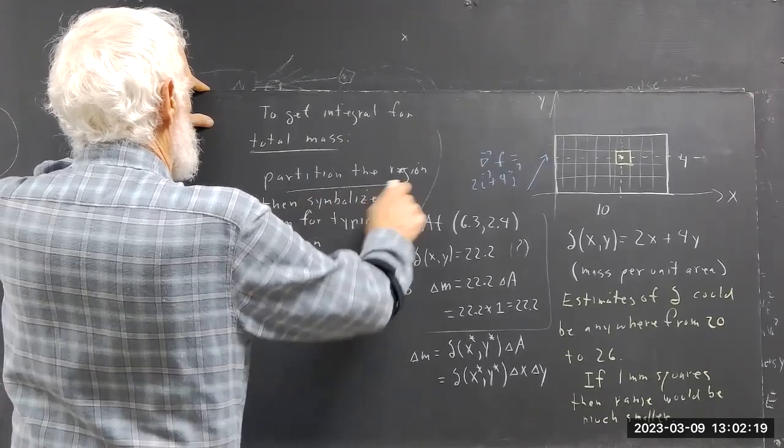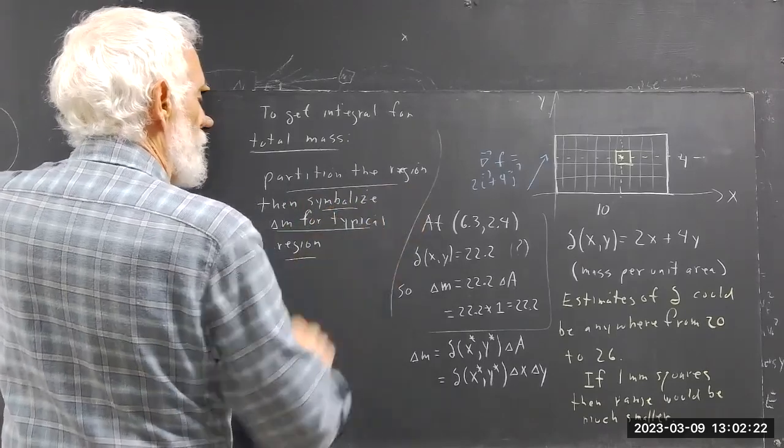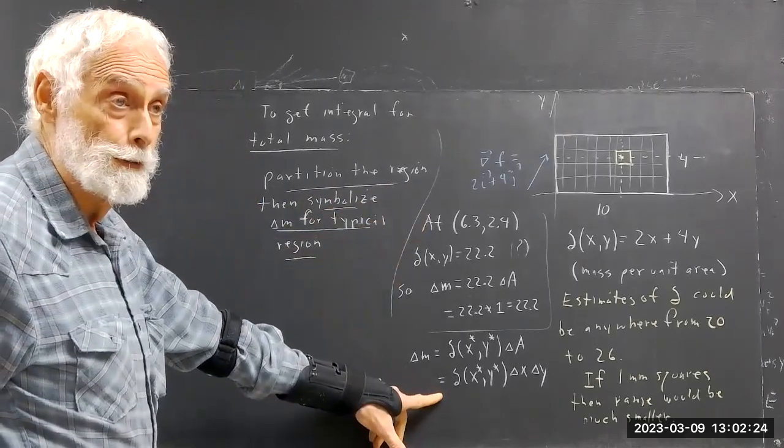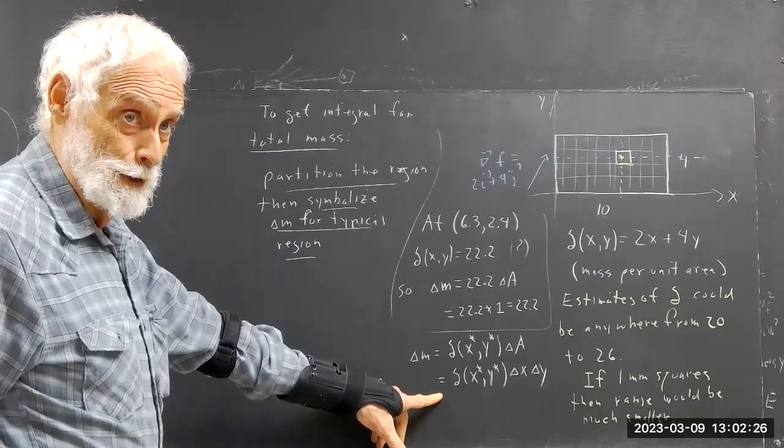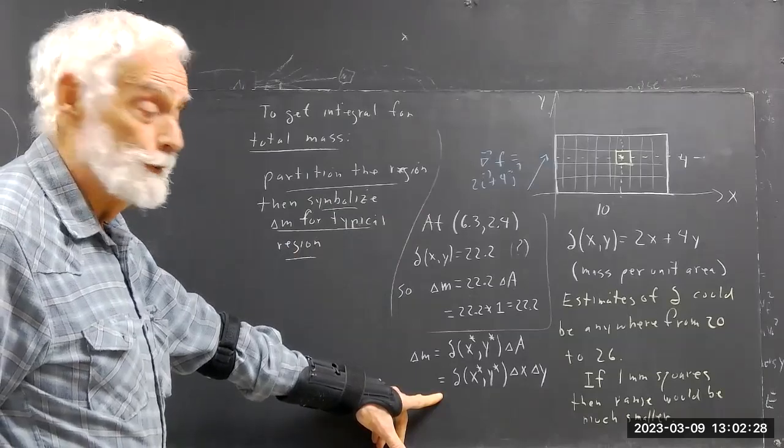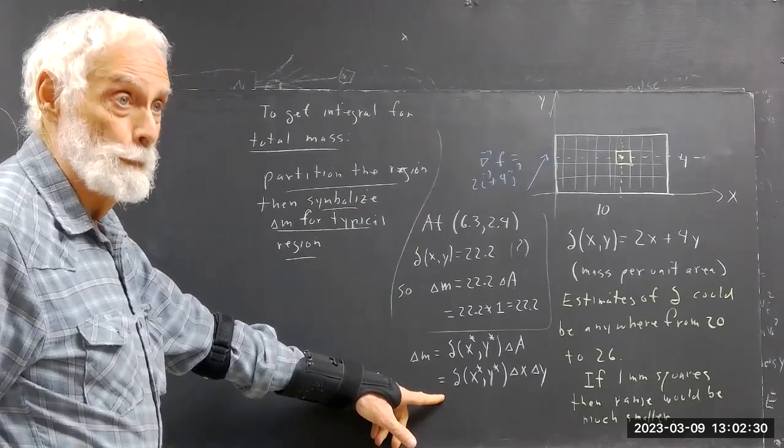Then symbolize delta M for a typical region. Well, there it is, it's symbolized. Okay, once we have our partition, we've pretty much got our integral.